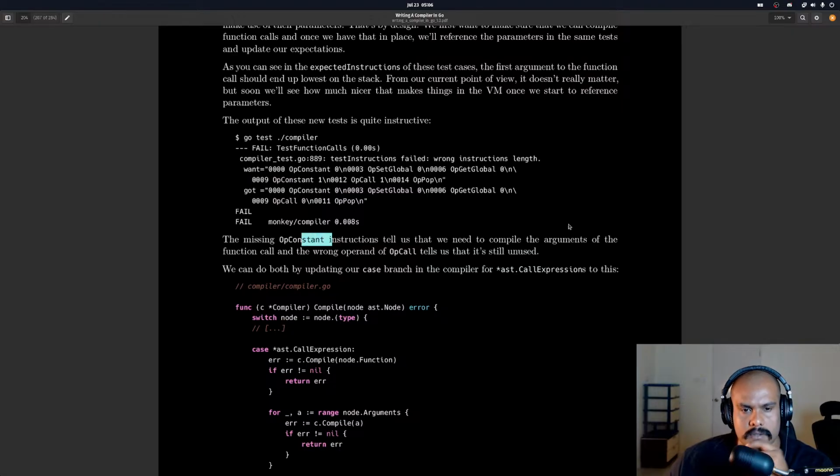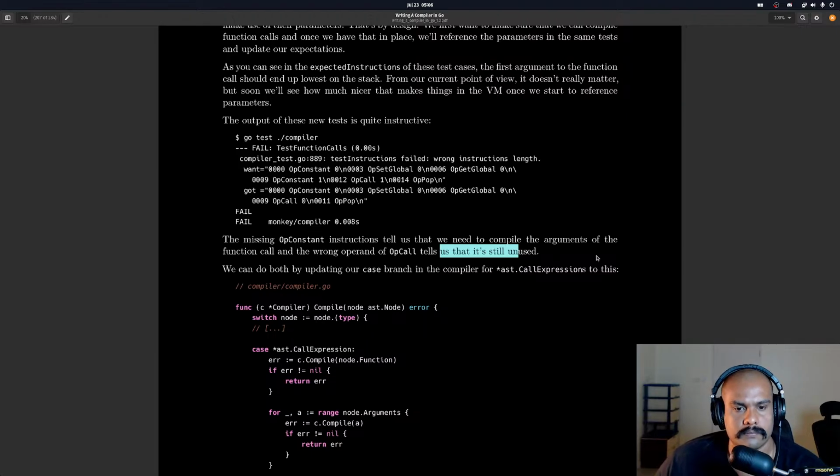Missing OpConstant instructions tell us that we need to compile the arguments of the function, and the wrong operand of OpCall tells us that it's still unused. OpCall is 0, expected 1.